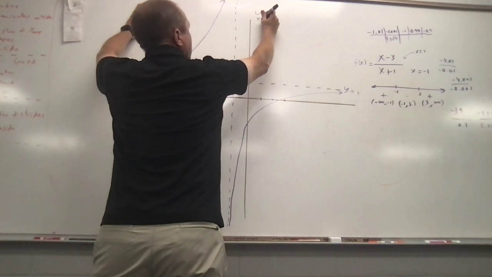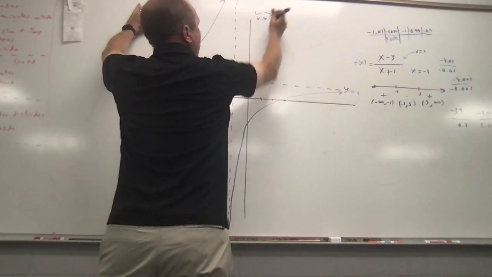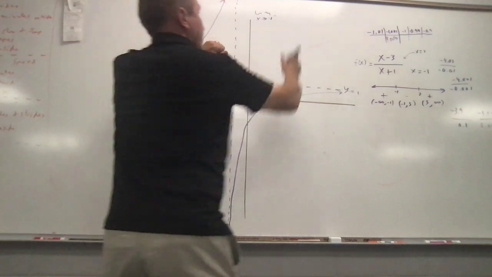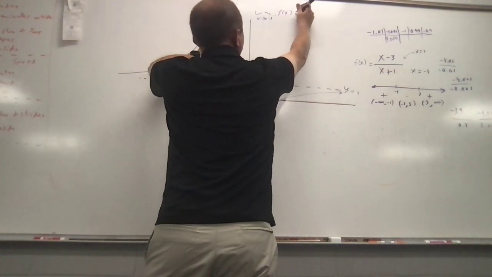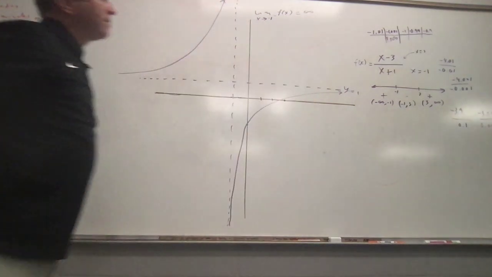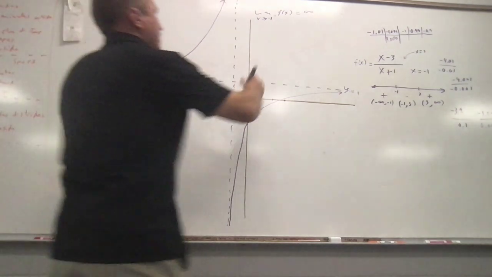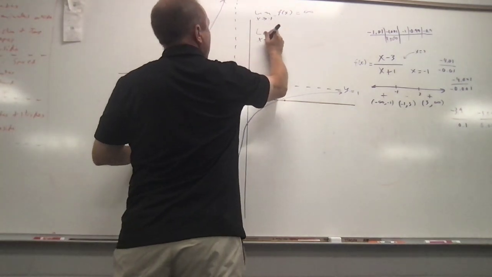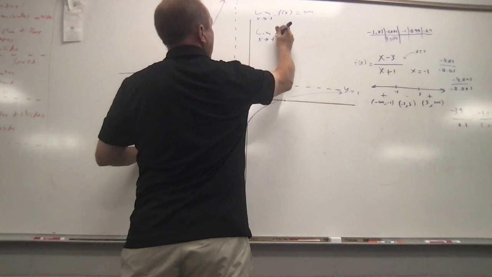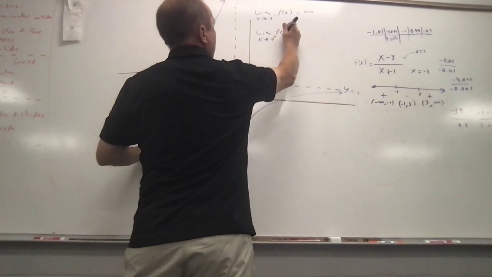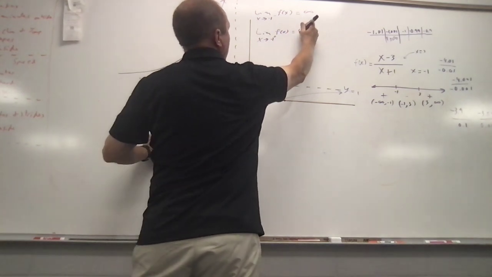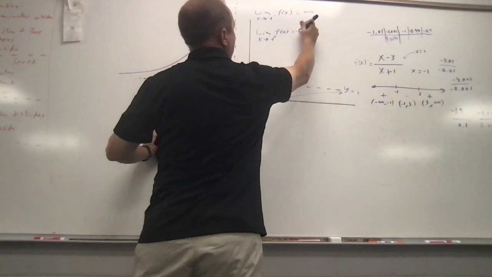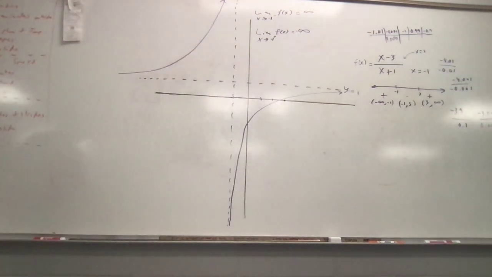As we approach -1 from the left, we get infinity. As we approach -1 from the right, we get negative infinity because it's decreasing without bound there.